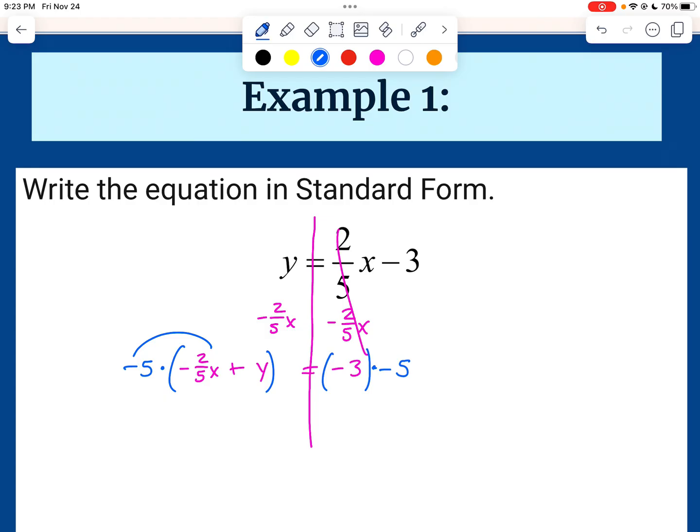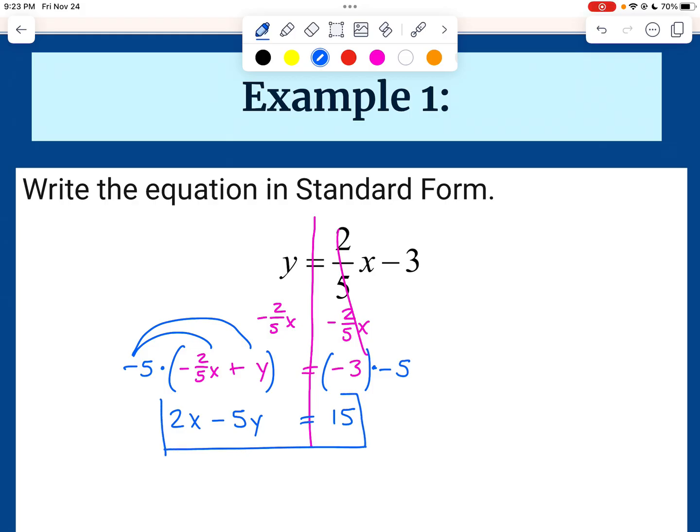So negative 5 times negative 2/5 is going to give us just 2. The denominators are going to cancel. Positive 2x. Negative 5 times y is negative 5y. And on the right side, negative times negative gives us positive 15. And we're done.